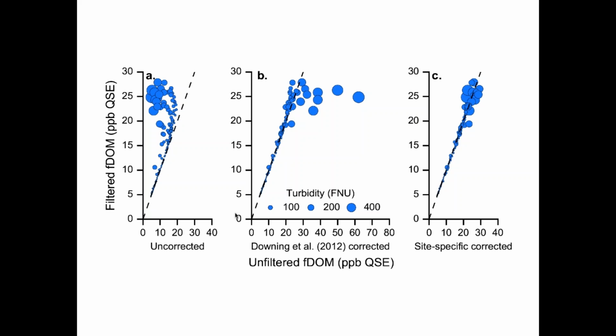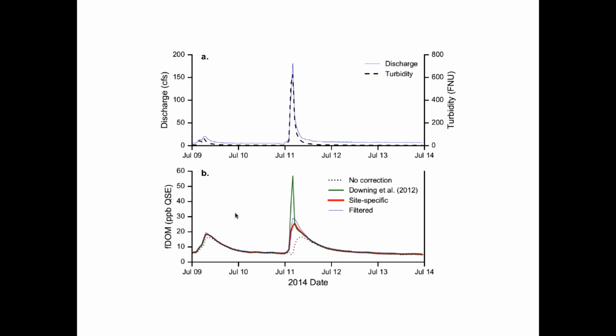The second plot shows when we apply that published Downing correction, and shows that we're overestimating at the highest turbidities, the largest circles, because of the different sediment character. But when we apply our local correction on the rightmost plot, we see that we're doing very, very well. And just a couple more showing pretty much the same thing in that bottom plot.